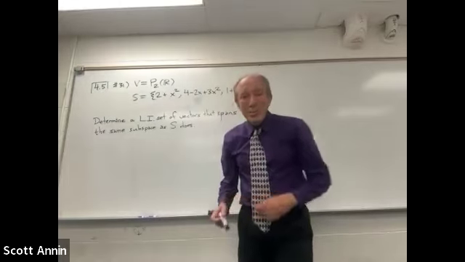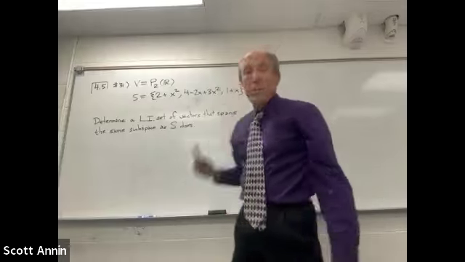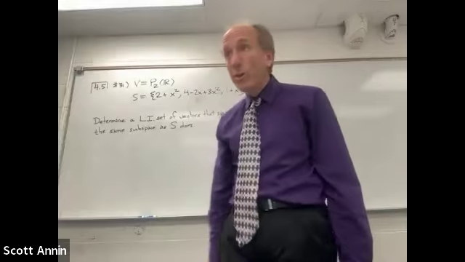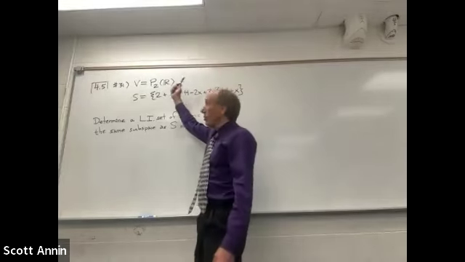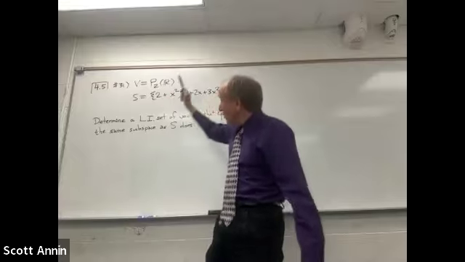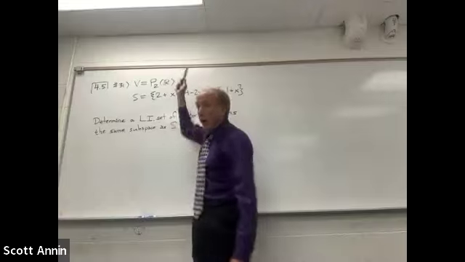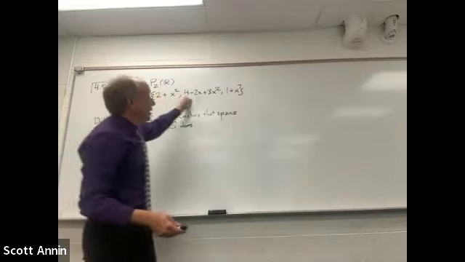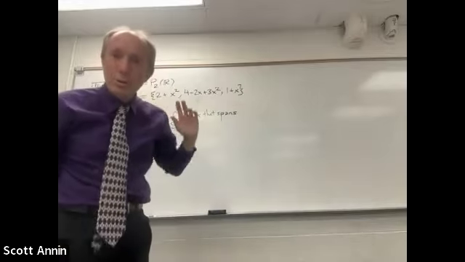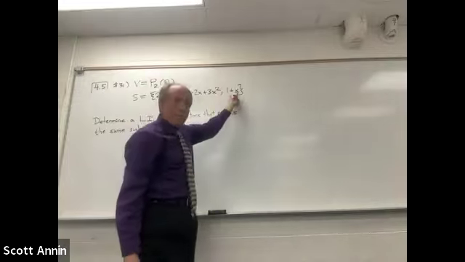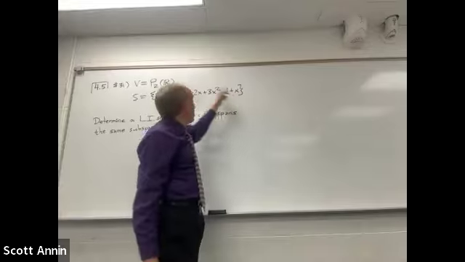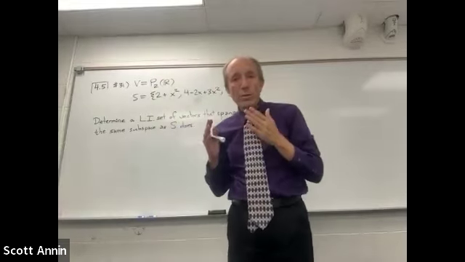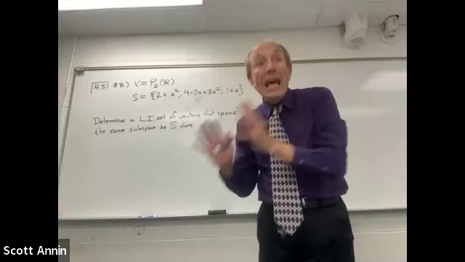All right, everyone, the next one I'm going to work with you is number 31 from the same section, and it's just the same instructions as the last problem that we just worked on. This time, however, we are going to work with polynomials. So my vector space is P2 of R, and in the set S they gave us 3 polynomials that are in P2 of R. By the way, you don't have to have an x squared in a polynomial in P2 of R. P2 of R is polynomials of degree 2 or less.